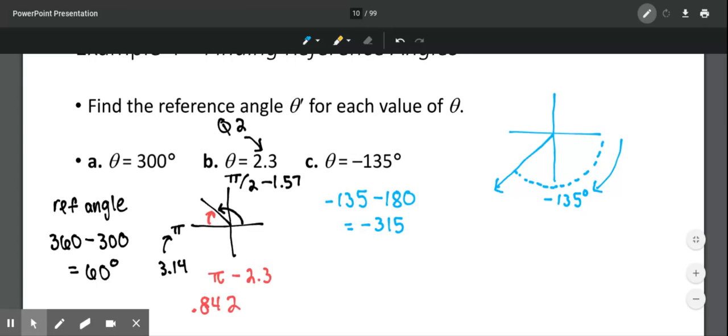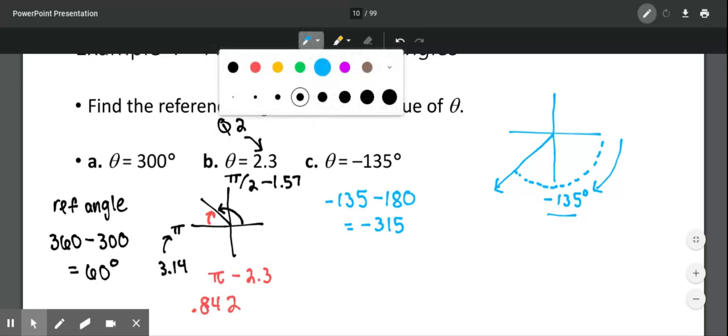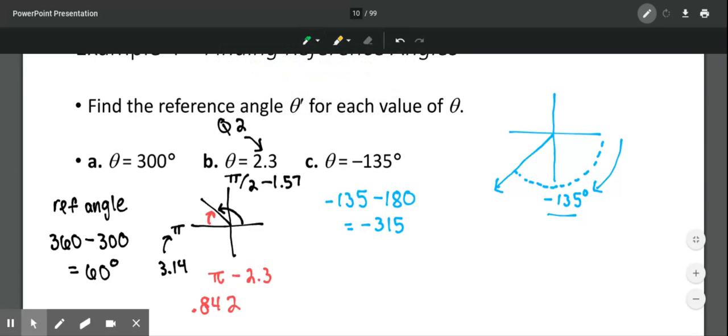Okay. So that doesn't necessarily help you when you have the negative angle measure and use that rule. So what I would probably do first is make my negative angle positive. If we were to add 360 degrees to this, we would get 225 degrees. And so then this is that positive angle that we want to use.